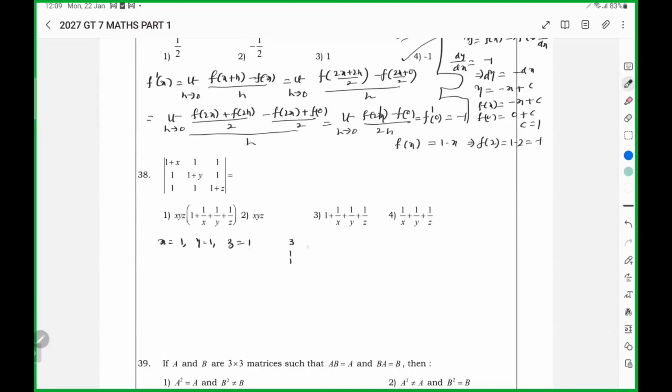You have 3 1 1, 1 2 1, and 1 1 2. In the determinant procedure, you know it. 2 1 1, just first column, second column repeated. 8 plus 1 plus 1 minus 2 minus 2. Here it is 2. 10 minus 6. So we get 4. Suppose you substitute the first option, you get 4. In the second option also you are getting 4. So second and fourth are ruled out.